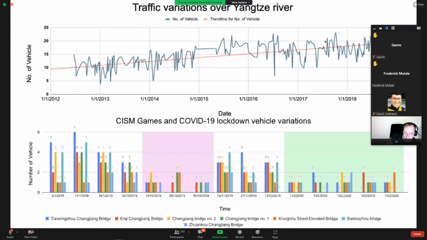Actually, the student then used that work toward counting the overall traffic over all bridges in Wuhan. Over time we can see a certain increase in traffic, and then we also compared to traffic during the military games and the COVID-19 lockdown in Wuhan, where we can clearly see these events with much less traffic.